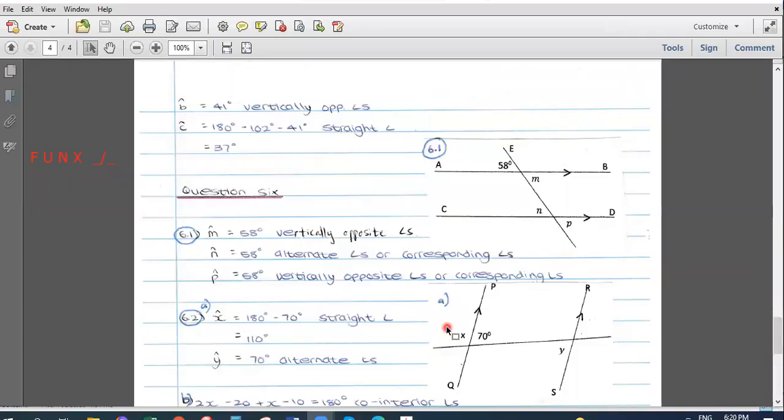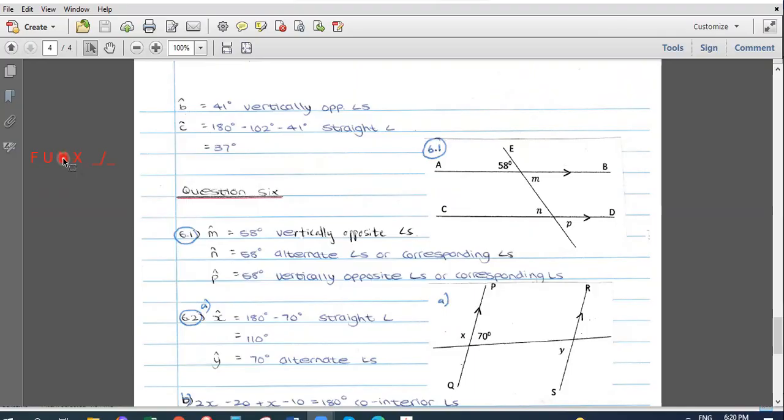Okay, boys and girls, we're now looking at question 6. Look at the diagram for question 6. We have parallel lines here. With parallel lines, we need to work with F, U, N, X, and then we may have a straight line. Now in this, we know your F is corresponding, U is co-interior, adds up to 180.